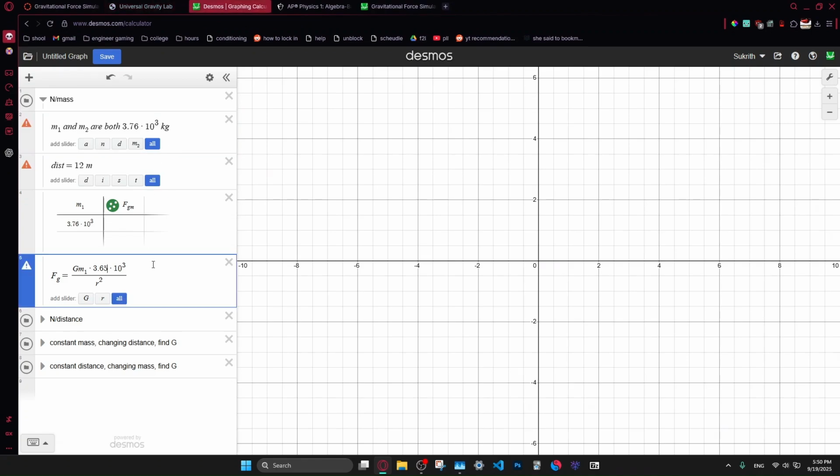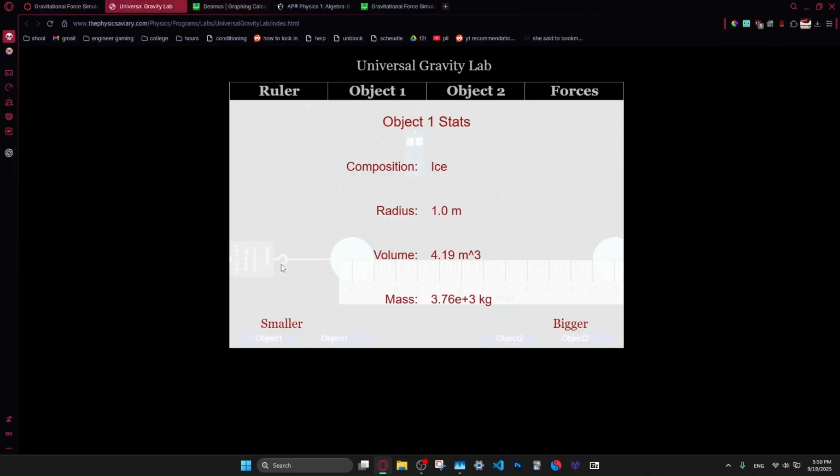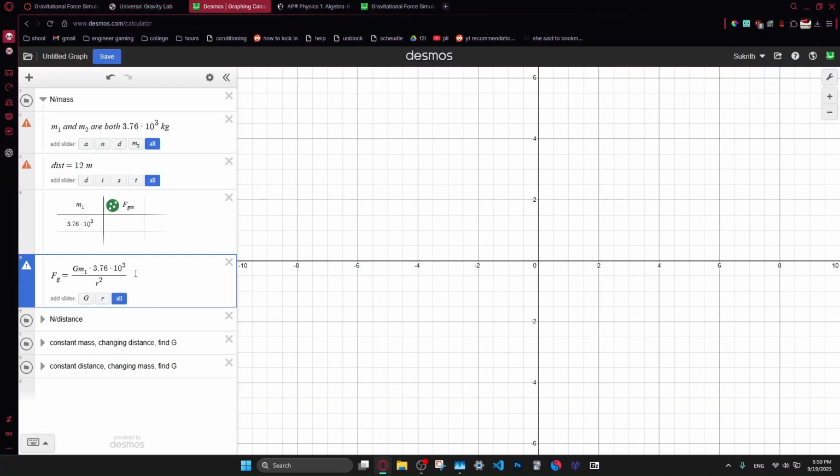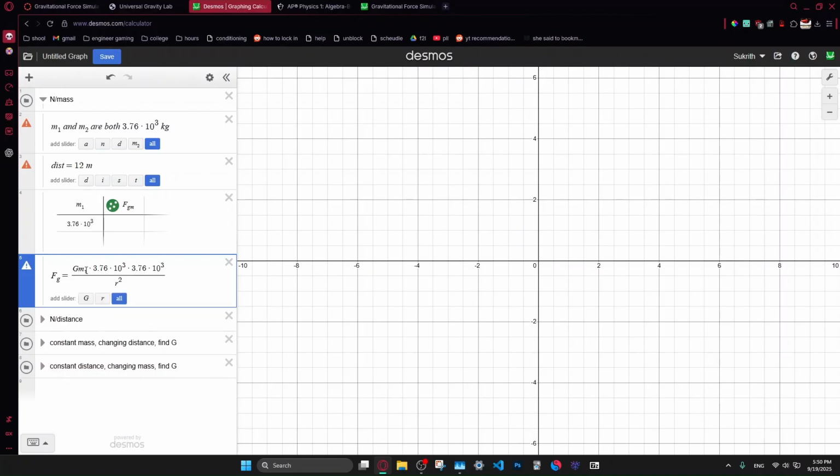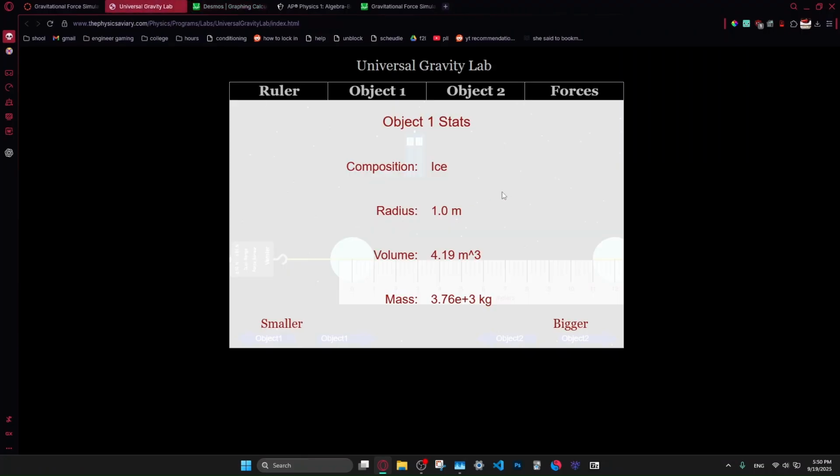So, I'm going to start that off at 3.76, everything. 3.76 times 10 cubed, and then we'll make the mass 2, 3.76 times 10 cubed. Oh, sorry. This is M2, this is M1. So we'll just get rid of M1.